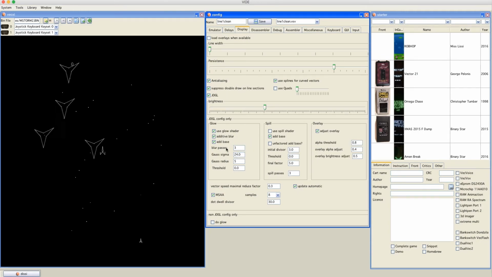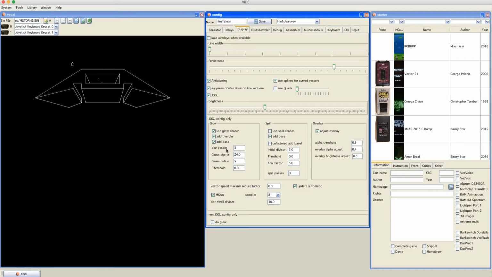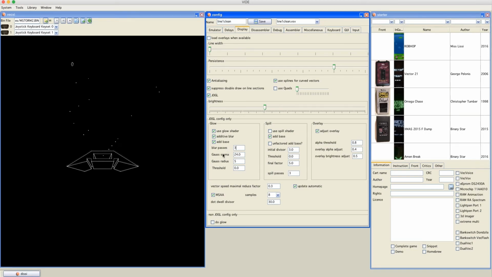It's actually implemented as described in the internet with a vertical and a horizontal part, and the Gauss sigma value can be input here, the Gauss radius, and a threshold that is new.